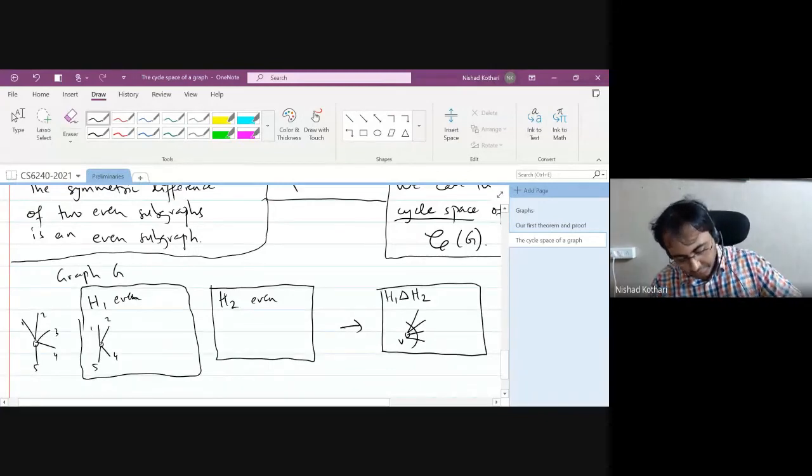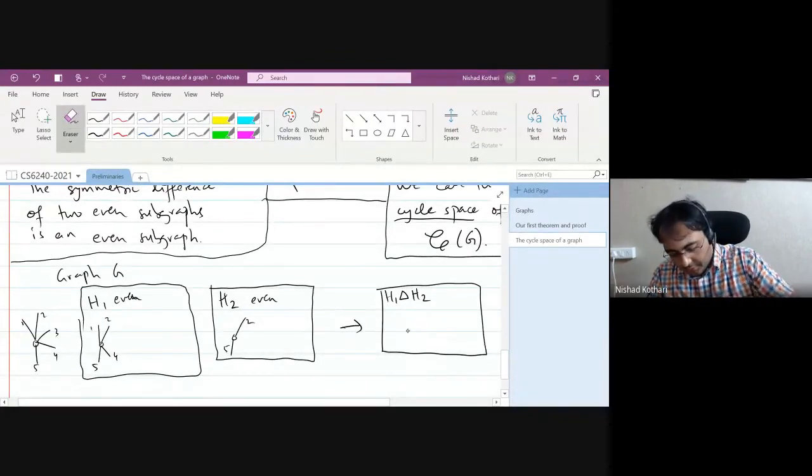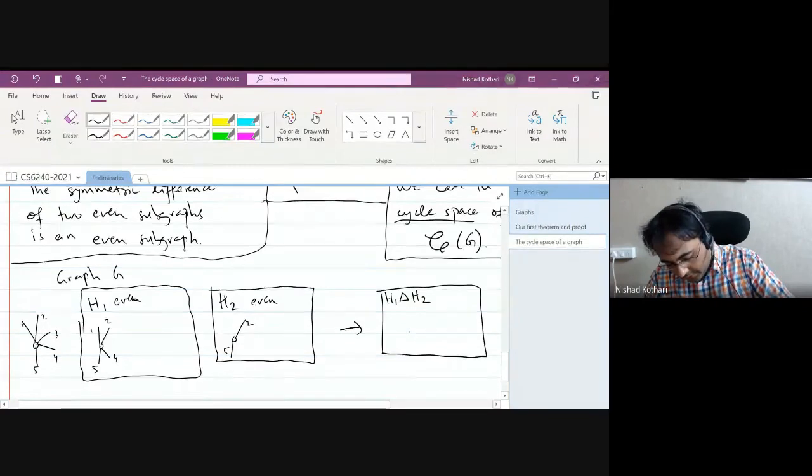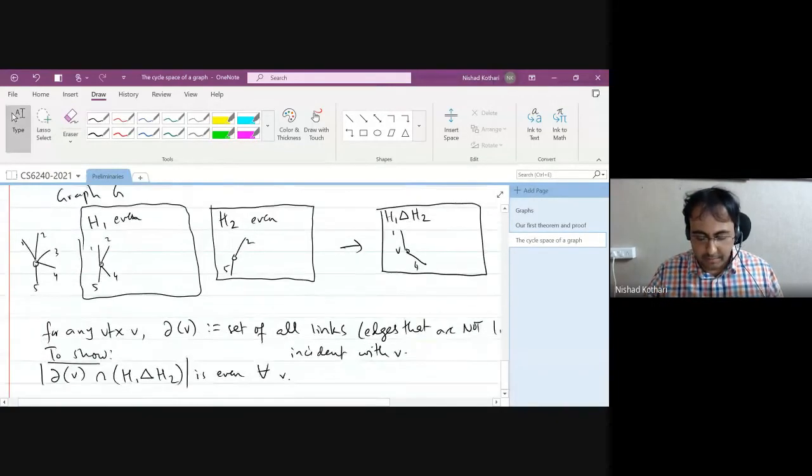And let's say I have 2 here and 5 here. And I'm taking the symmetric difference of these two subgraphs. So what will happen at this vertex? Let's see. 1 remains, 2 and 5 get cancelled out, and 4 remains. So this is just an example.